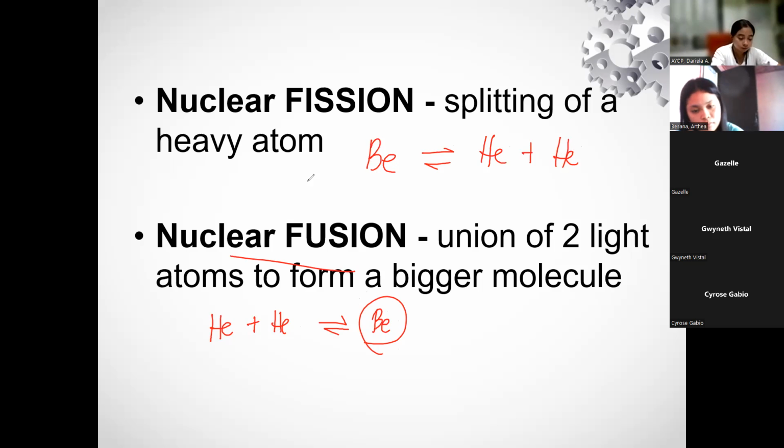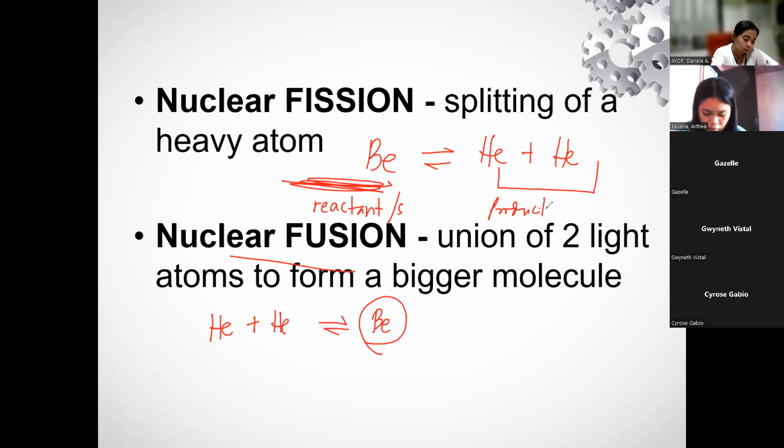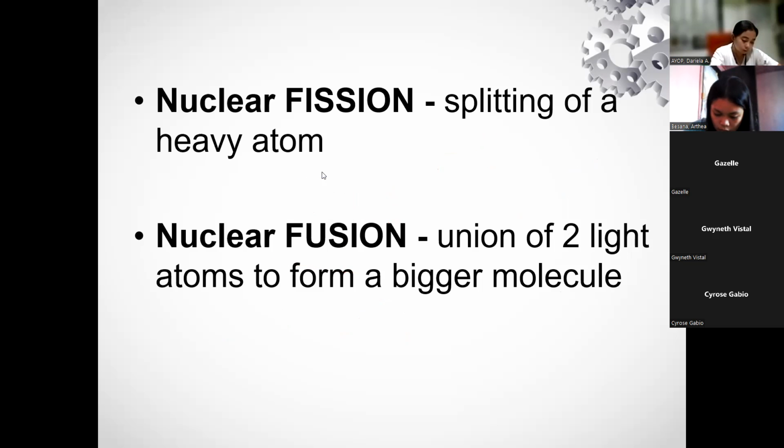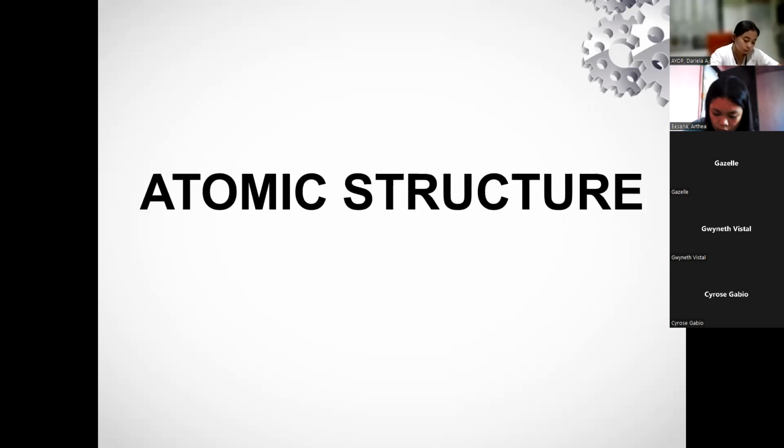So always remember that this side of the equation is called the reactant or reactants if marami sila. And this side of the equation, yung product or products. Okay? So I hope that is clear. Baliktarin mo lang siya for the fission. Yung malaking element will be split into two light elements.